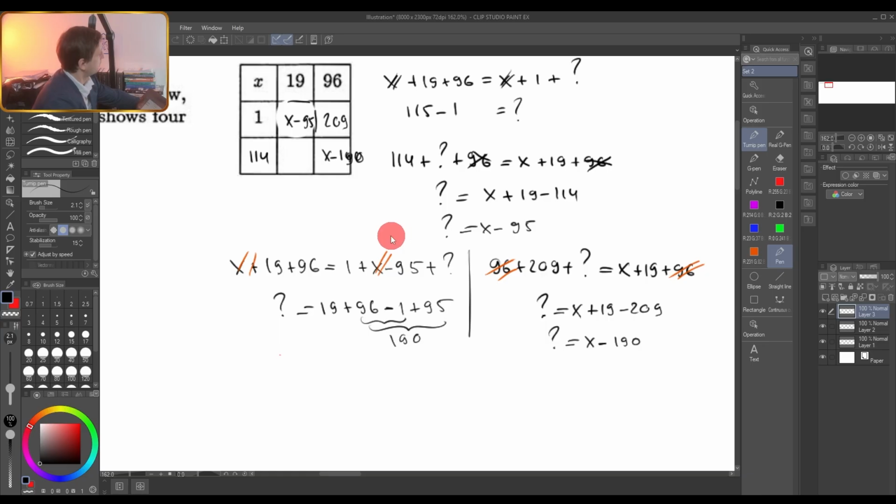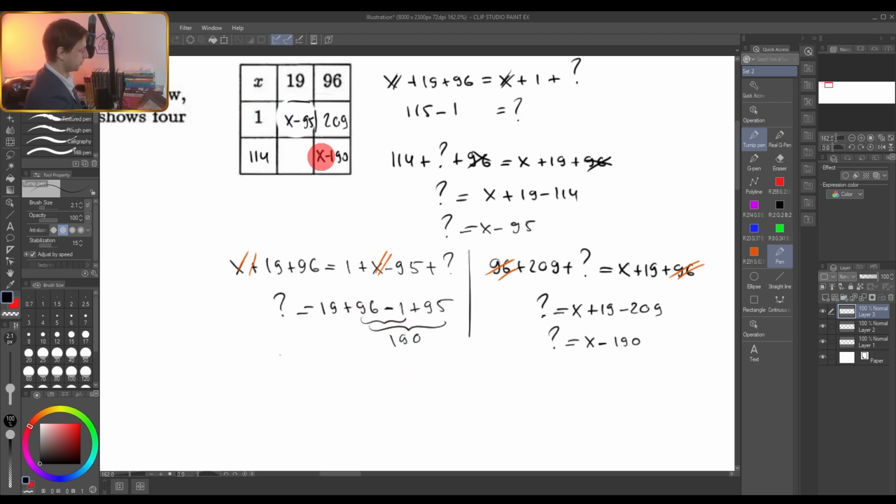Let me write it so that it fits this cell: x minus 190. Now the final equation will look like this. Most people probably understood what to do next. For the last equation, we look at this diagonal and say that the sum of numbers in this diagonal is the same as the sum of numbers in the first row. It will provide the final equation for x and allow you to find x.